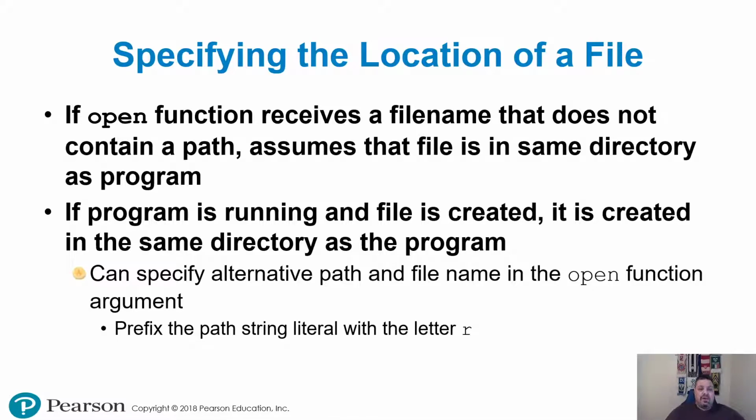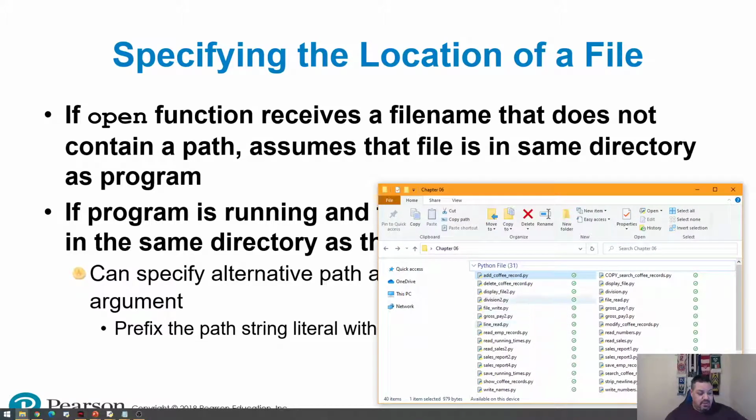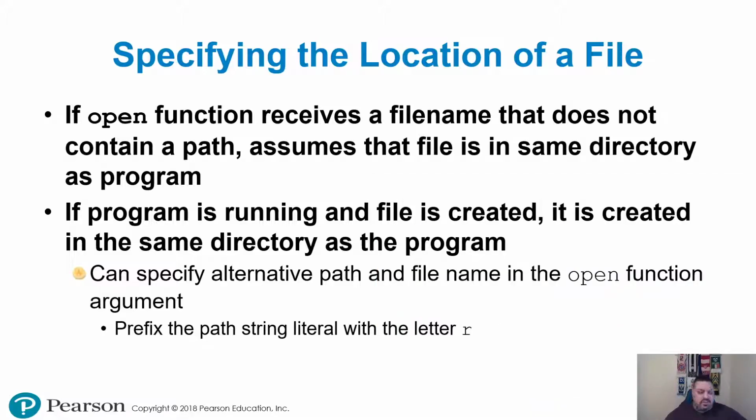We're going to work right now, for today's lecture at least, on files that are in the same directory. So what I've done actually is I have made a folder, and in this folder I have all my Python files that we're going to use, and I also have all the text files that we're going to use. So again, it makes it easier, at least for the purposes of what we're doing right now, and probably for your labs as well, if you work in the same directory, same folder.